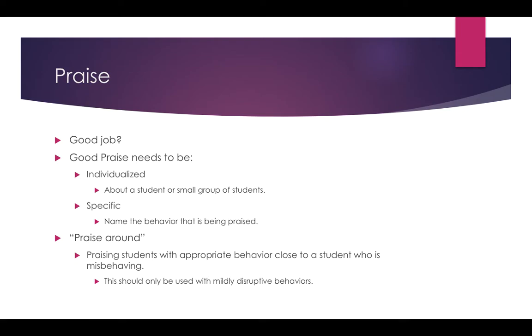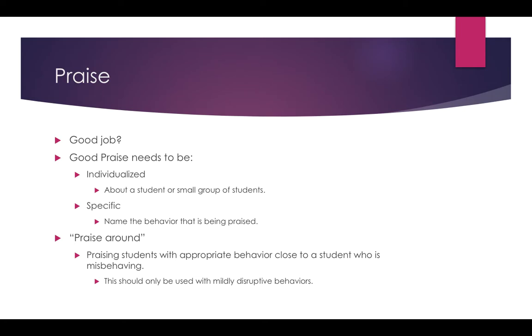And a quick note, this should only be used with mildly disruptive behaviors. I'm not going to ask you to praise around if a student is having a full-blown tantrum on the floor. If a student has reached that point of frustration, they're not listening. They don't care about praise. Obviously, there's something bigger going on. Something is upsetting them.